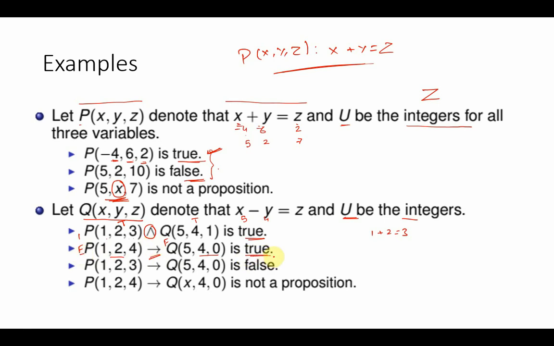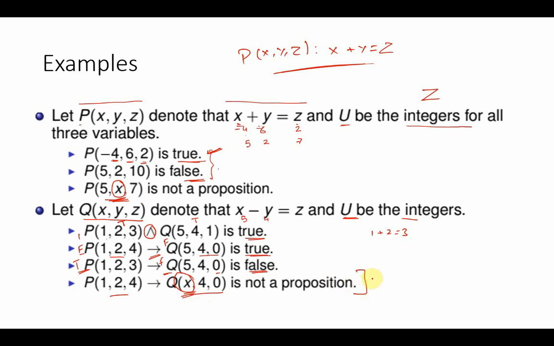Once again, P(1,2,3), 1 plus 2 is equal to 3, so this becomes true. Implies Q(5,4,0), 5 minus 4 is 1, here I am specifying it as 0, so this is now false. Now the if part is true and the then part is false, so this is false. For P(1,2,4) and Q(x,4,0), as this is not a proposition, I am still using the value x over here, so this is not a proposition.